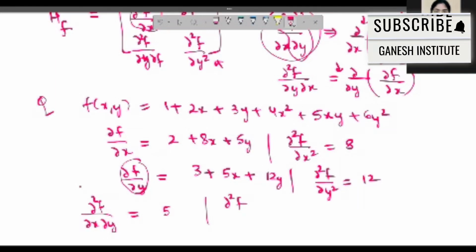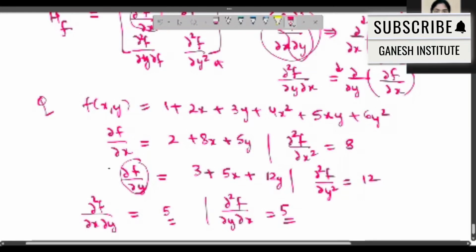If you do it the other way around, that is also 5. So you can see that it is equal.